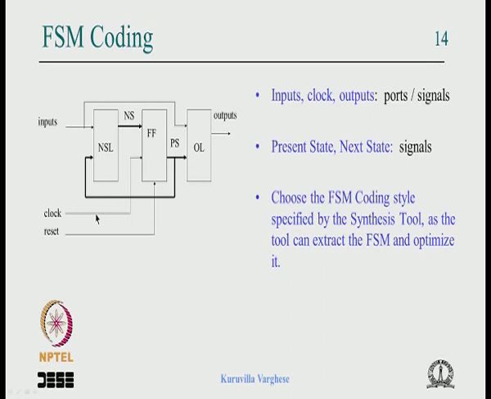Many a time the clock and reset can be external. All the inputs sometimes need not be ports, they can be signals, because we have a data path along with the state machine. Many a time they come out of the data path, and when you code it together these can be signals, and the output can be a signal, which goes to the data path to control something.